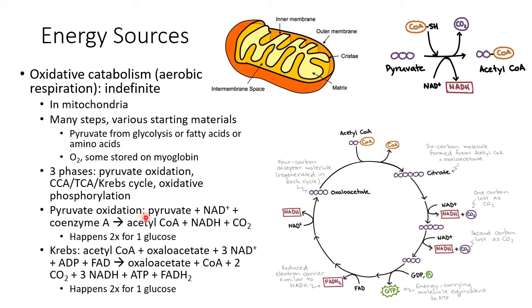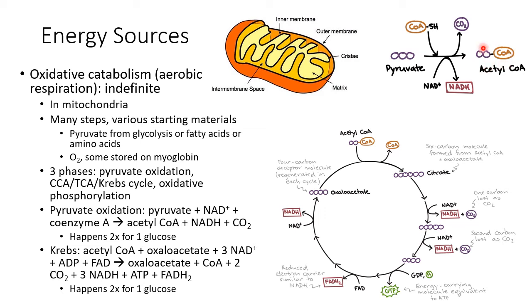Pyruvate oxidation starts with pyruvate and NAD+, and coenzyme A or CoA. It's going to be transferring two of the carbons from the pyruvate onto the CoA, which gives you acetyl-CoA. It also transfers electrons onto the NAD+, which gives NADH, and then the last carbon from pyruvate ends up as carbon dioxide. So here you have a graphic of that process where you're starting with pyruvate that has 3 carbons.